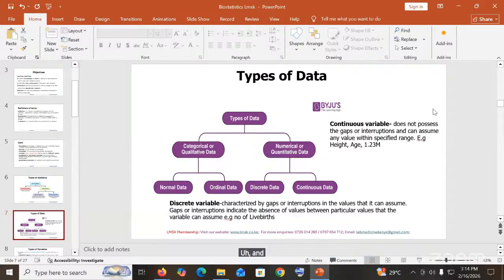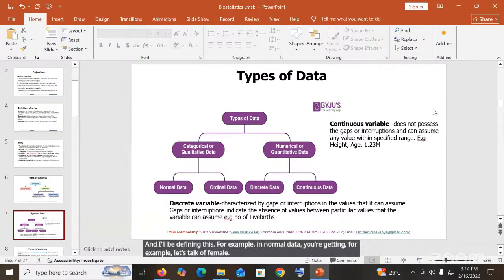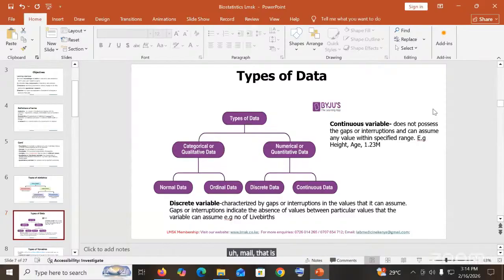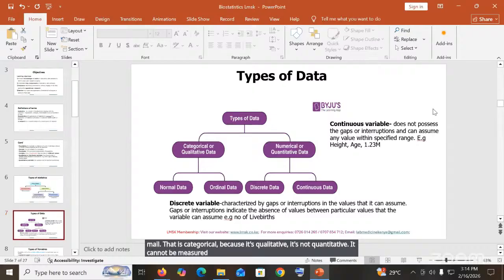And I'll be defining these. For example, in nominal data, let's talk of female, male. That is categorical because it's qualitative, it's not quantitative. It cannot be measured, or reported numerically. But it's nominal in that it's a name, whereby you are either female or male.